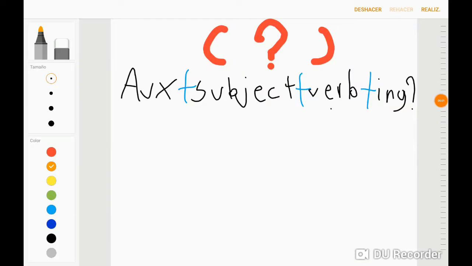The structure to form interrogative sentences is this. First goes the auxiliary, after the subject, after verb plus ing.